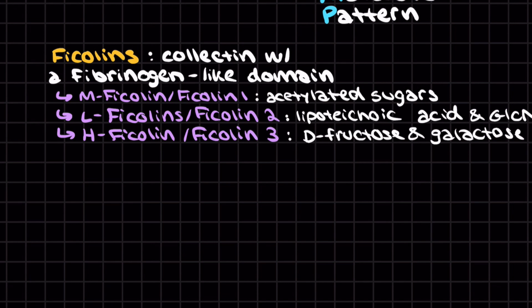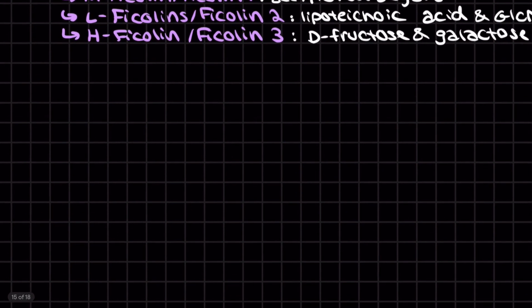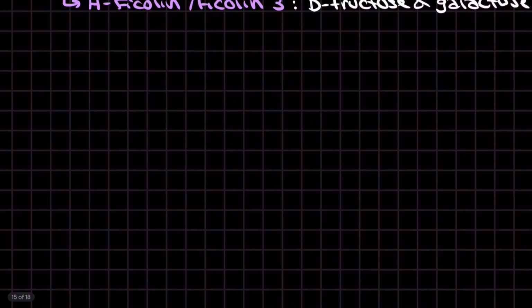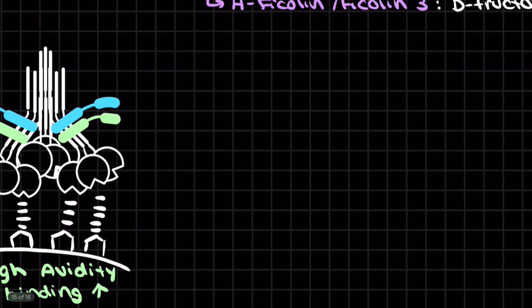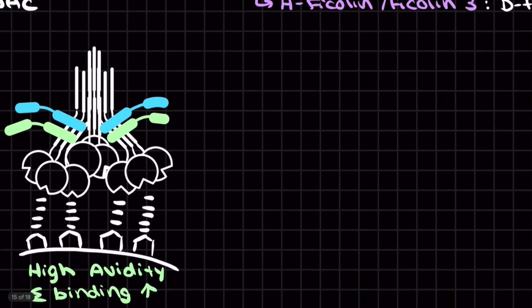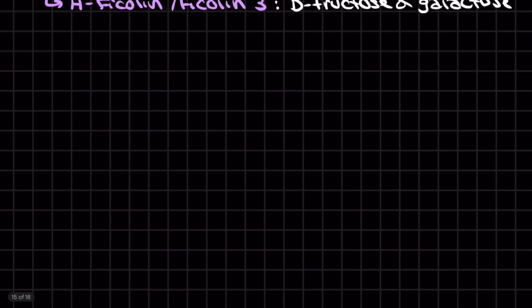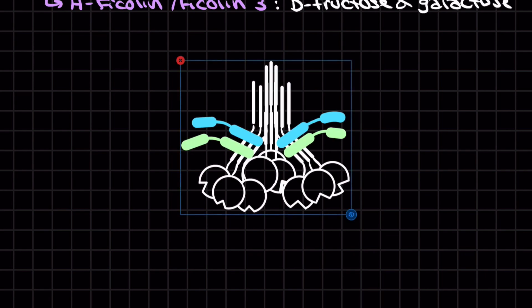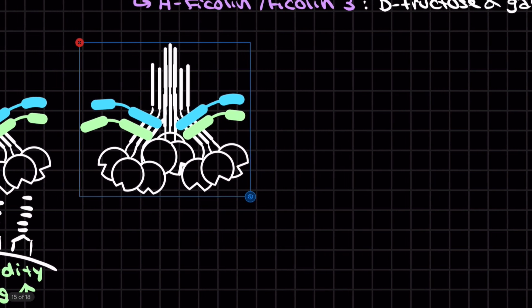So with our PRRs out of the way, let's now discuss the activation pathway. So remember, this is what our structure of either our MBL or our ficolin looks like. Obviously, the domain at the bottom is going to change, but it's going to have a similar overall structure. And now we can bring in the proteins we saw on the side.